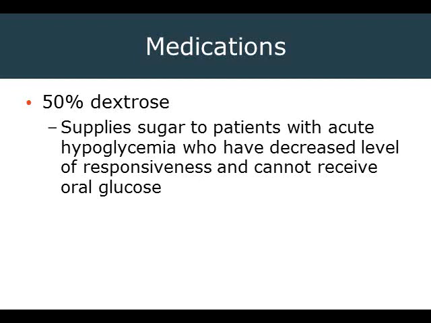So be very, very careful when you're giving D50, that you're giving it through a good free-flowing IV. It is a carbohydrate, very high concentration, 50 grams in 100 mLs, or in most of the pre-filled syringes you'll get, there'll be 25 grams in 50 mLs.